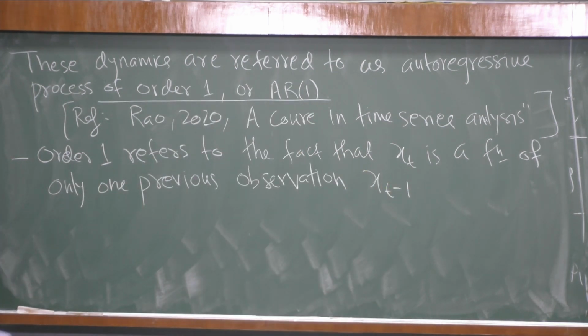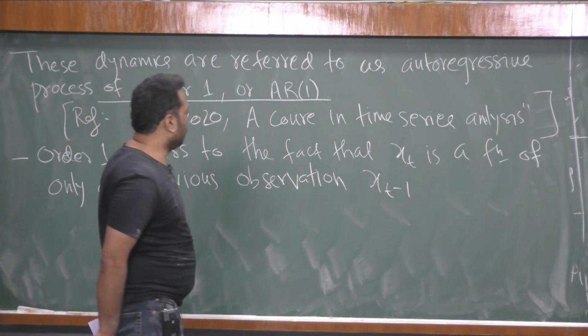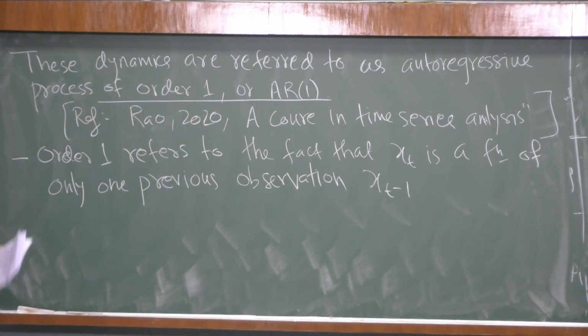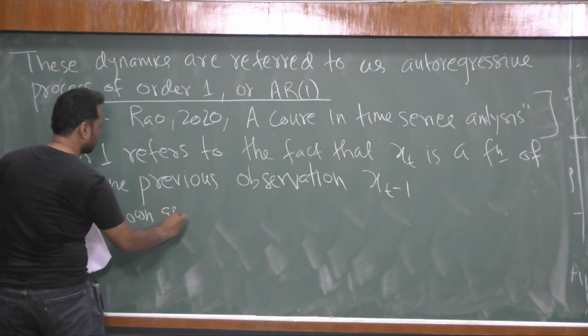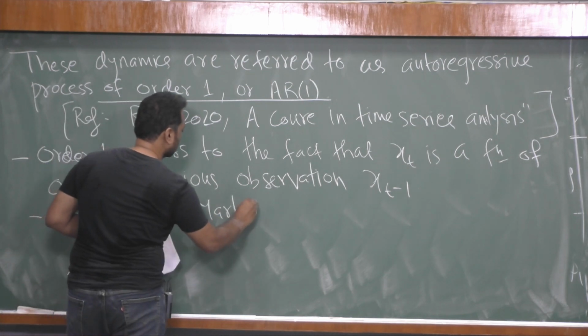We are familiar with such models where the current depends only on the previous one. That's exactly what we have used in variational diffusion models, where we assume the Markov property. So this is nothing but the Markov property.